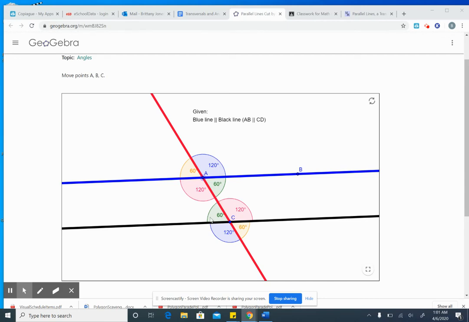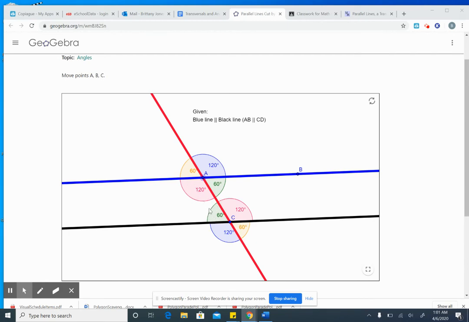And here we have green angles. Here they're 60 degrees. Those are also another example of alternate interior angles. Okay, now we have more vocabulary we can review. If you take a look at my mouse where I'm hovering, we have a red 120-degree angle and a green 60-degree angle.